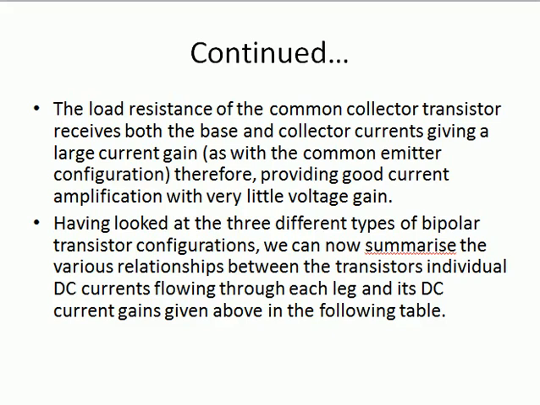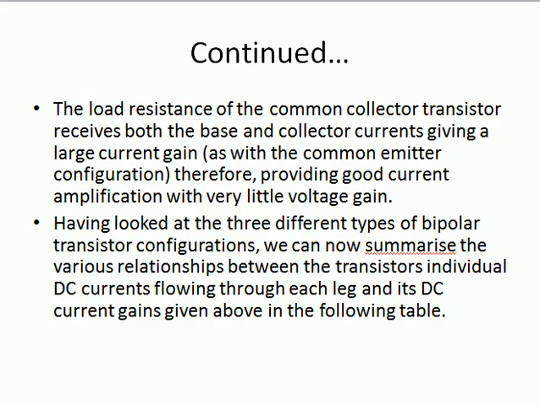So it means the current gain is very high in the case of the common collector configuration as compared to the common emitter configuration. Actually, the common collector configuration gives us a good current gain while giving us very little voltage gain.